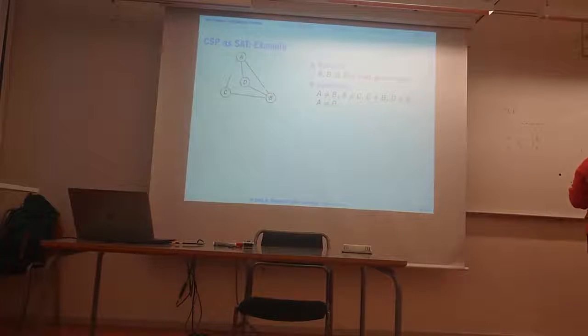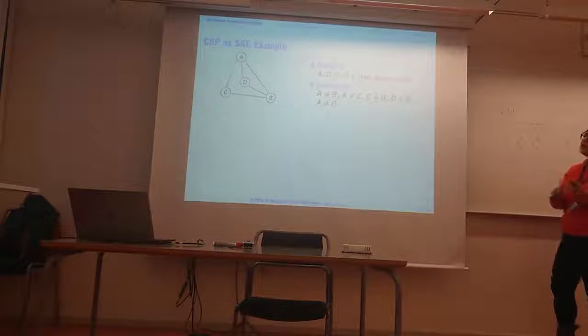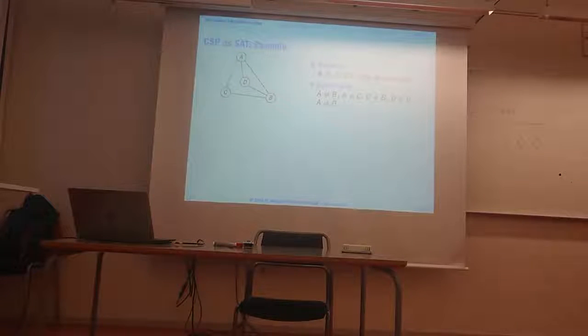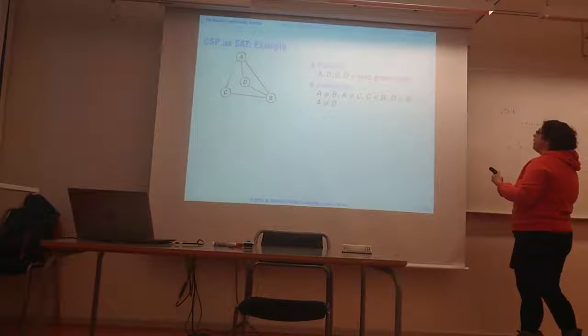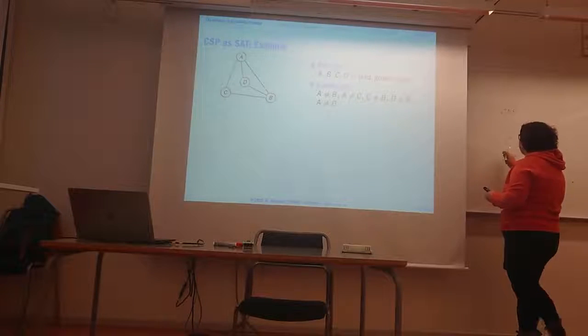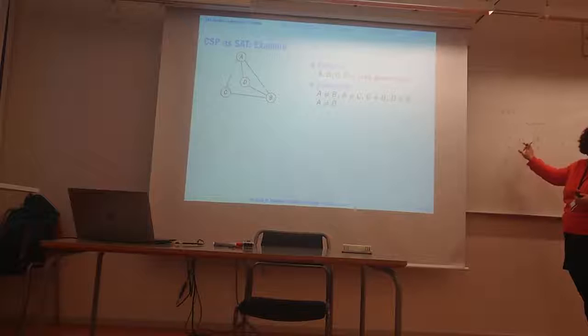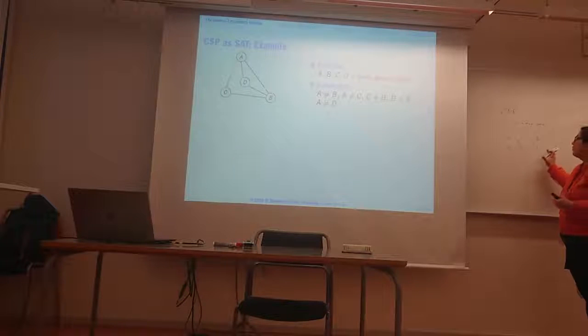As I said before, the solution to a CSP is when we have one value per variable, meaning that A only could be red or green or blue. It cannot be red and green. So let's write what I just said. The language we have to work with is only Boolean variables.